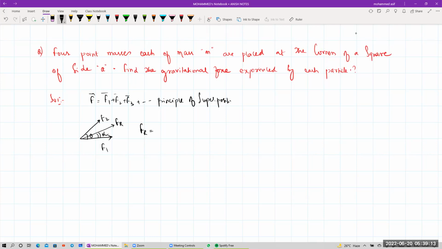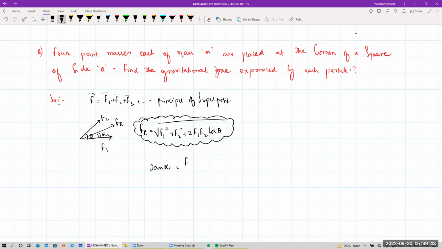So the resultant force Fr equals the square root of F1 square plus F2 square plus 2 F1 F2 cos theta, like the parallelogram law of vector addition. And tan alpha is equal to F2 sin theta divided by F1 plus F2 cos theta. These are the basic formulas.